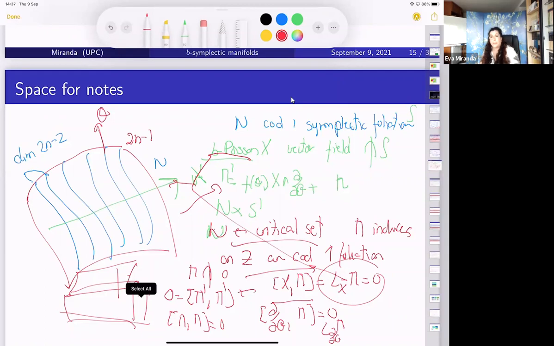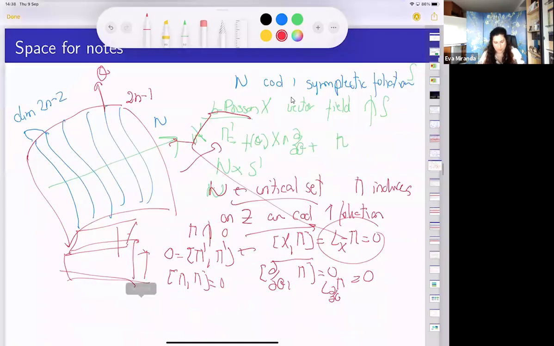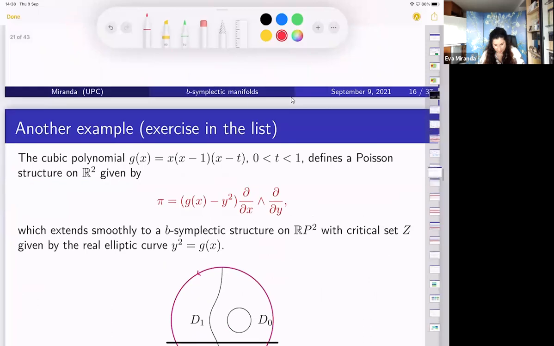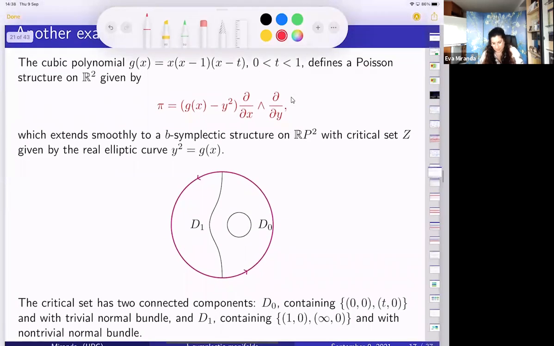Pi doesn't depend on theta, therefore the Lie derivative is 0. If you use these two conditions, I have almost solved for you an exercise in the list. And then this exercise in the list is a theorem. Any B Poisson manifold can be written this way. Why? Moser's theorem. This will be seen next time. Another exercise in the list.